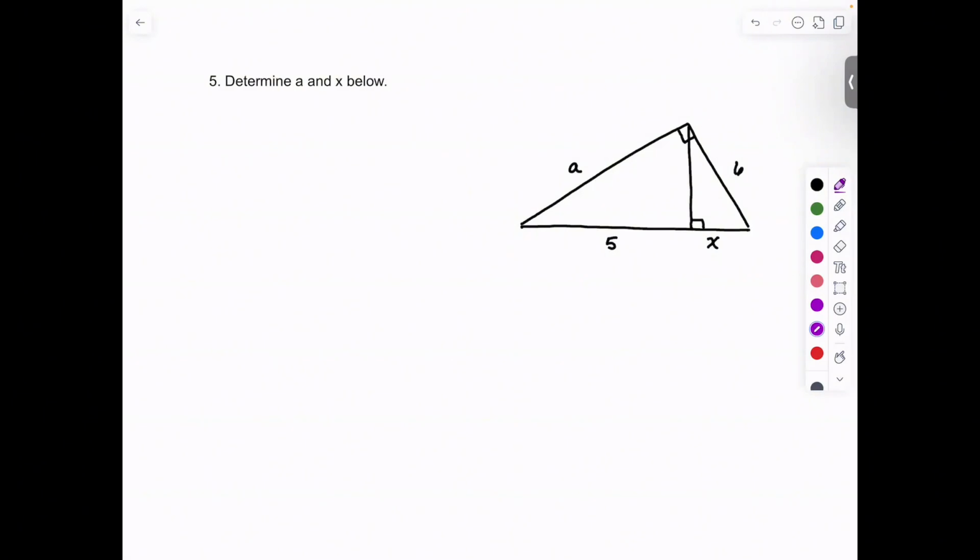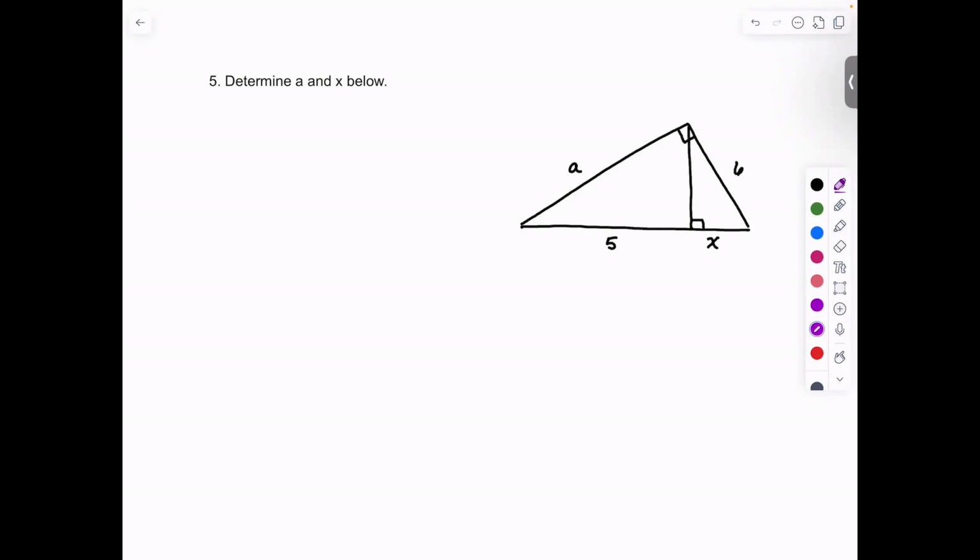We'll have to do this in two steps. We'll solve for either A or X first. I notice that I have this x plus 5, which could act as the hypotenuse for the large triangle, and 6, which can act as the short leg for the large triangle.